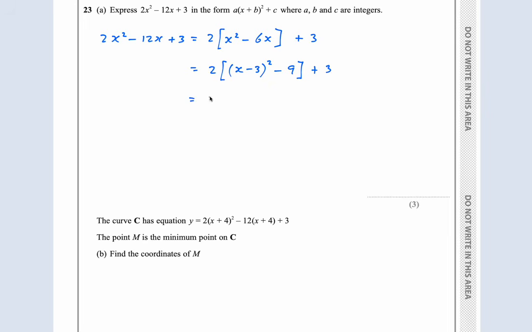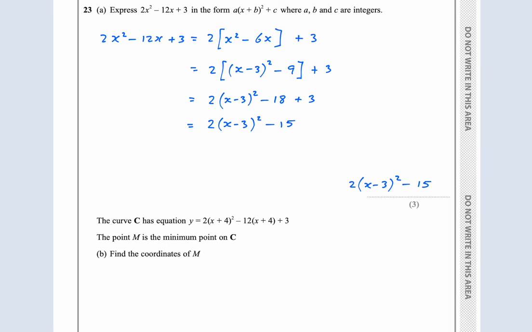I get 2 times x minus 3 squared. 2 times minus 9 is minus 18, plus 3 is minus 15, so it's going to be 2 times x minus 3 squared minus 15, and that's the answer.